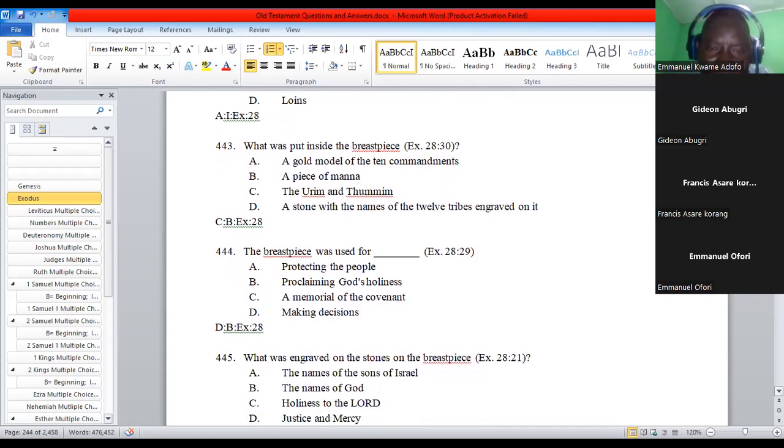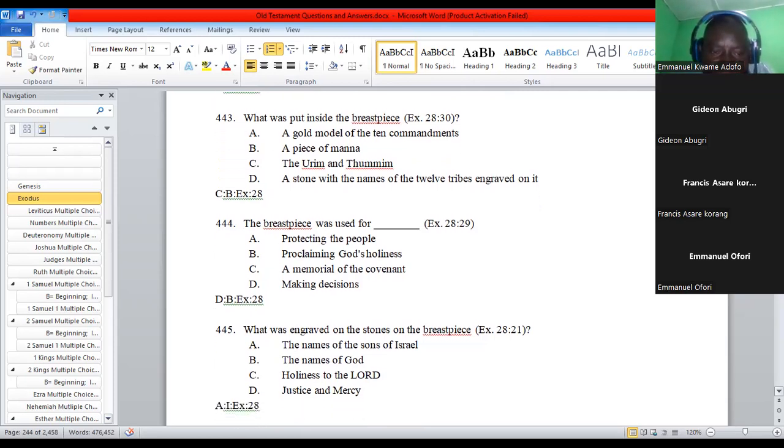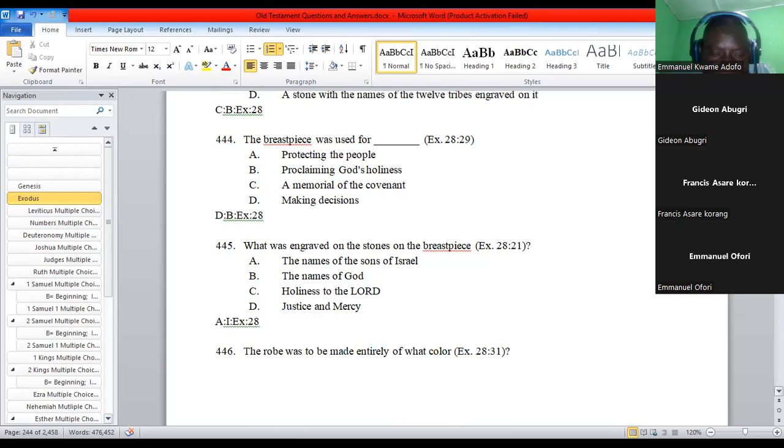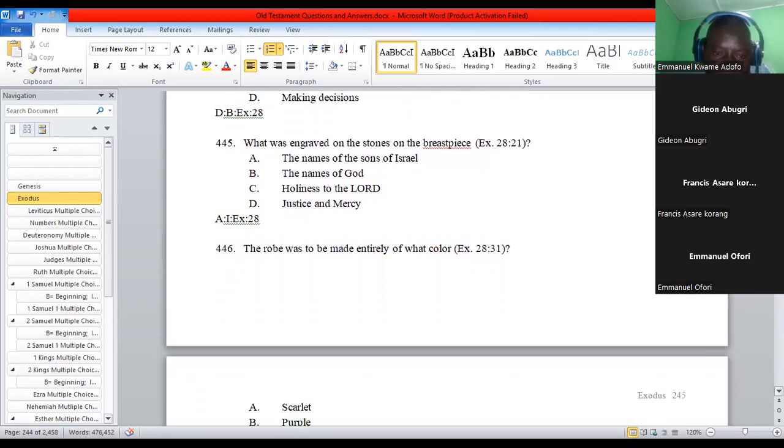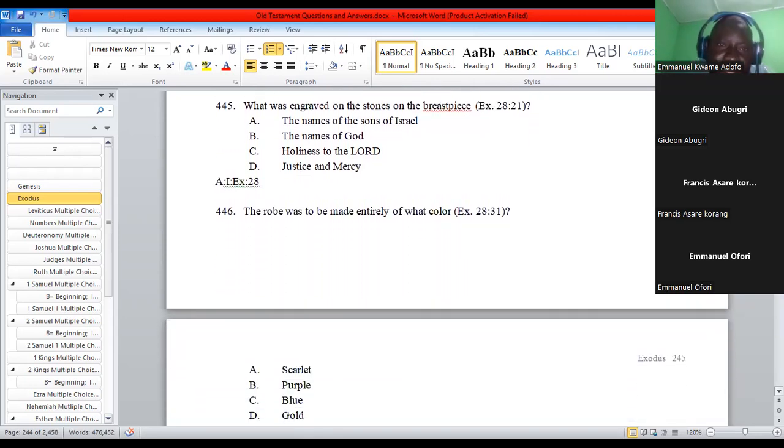What was engraved on the stones on the breastplate? The names of the sons of Israel. The robe was to be made entirely of what color? Blue.